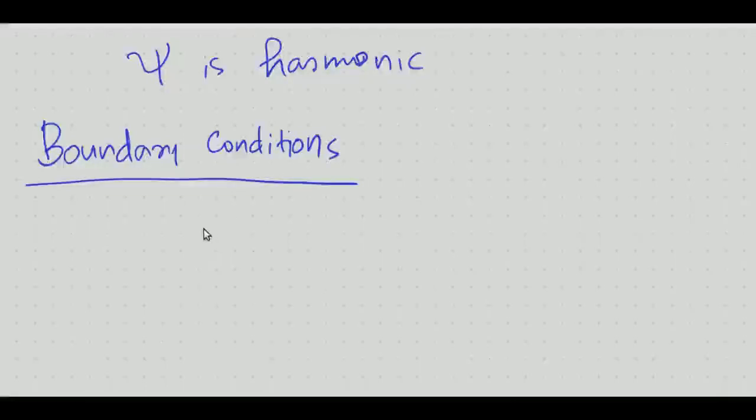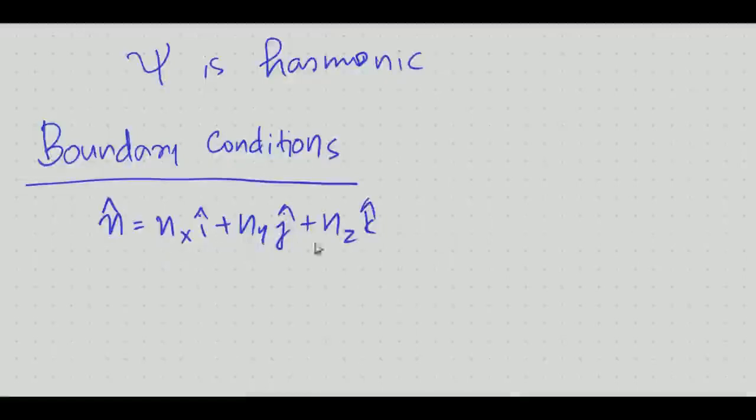So if we have a point on the boundary, the surface having an outward normal n is equal to nx i plus ny j plus nz k. Here nx, ny and nz are the direction cosines.